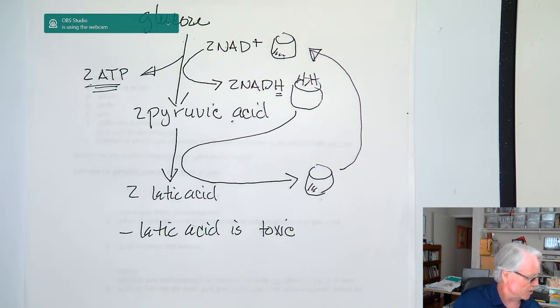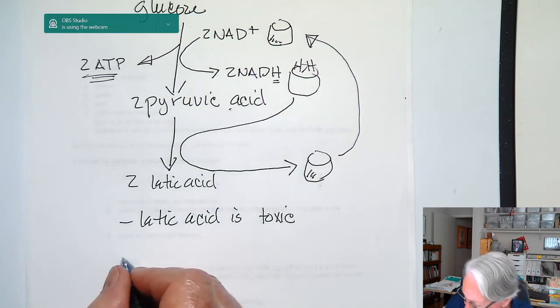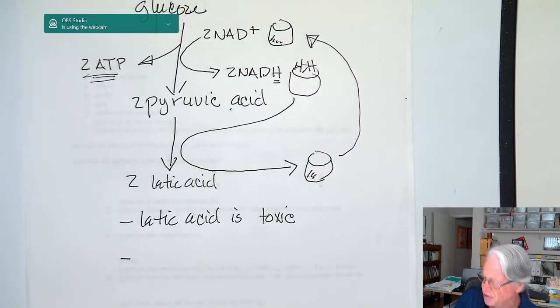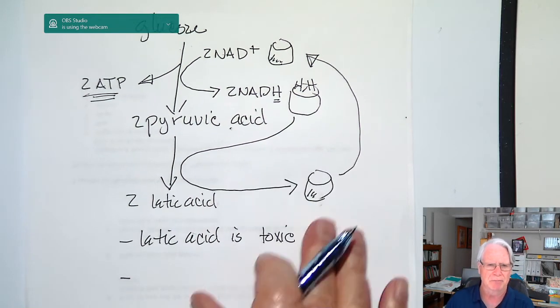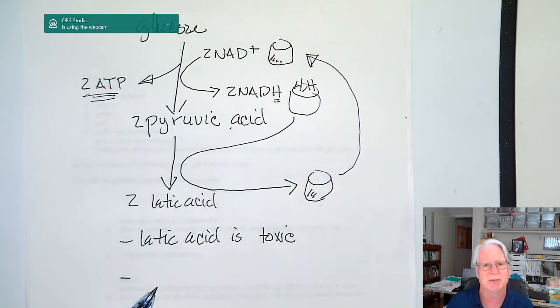You can't keep going forever and ever because of the toxic nature of lactic acid. Okay? What you're going to do then is you're going to do this reaction until the third and final system comes into play. But you're paying a price.